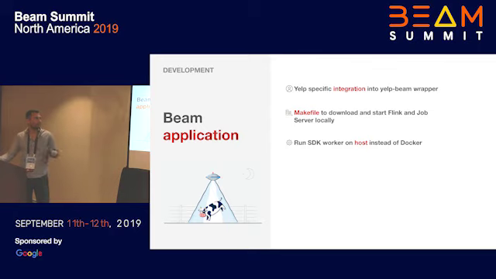One difference compared to what I was explaining before in the runner is that we run the SDK worker directly on the host, and we invoke it directly. We invoke the Python SDK worker directly rather than using the Docker container. That makes it much easier for us to deploy on Kubernetes or even to debug it locally.